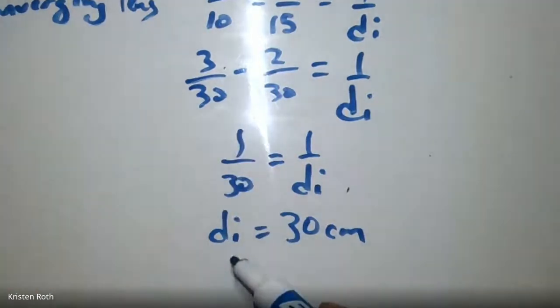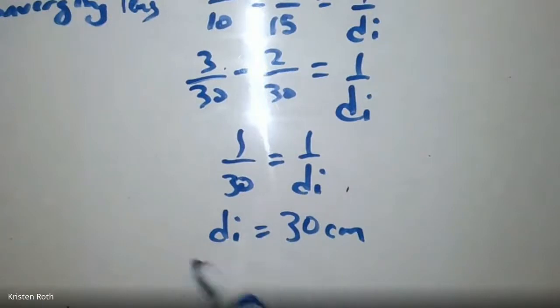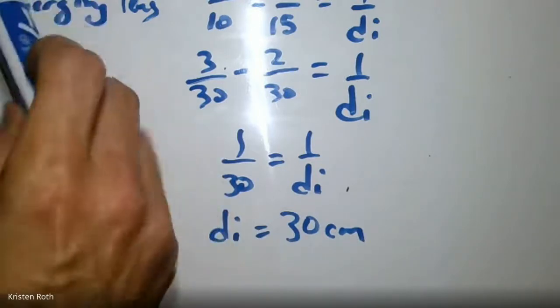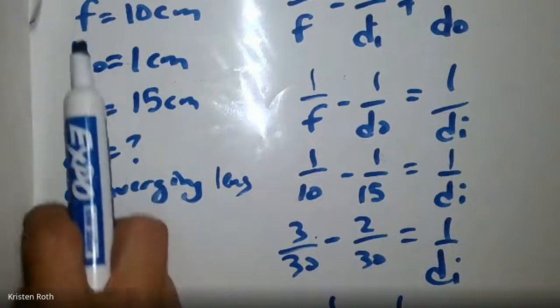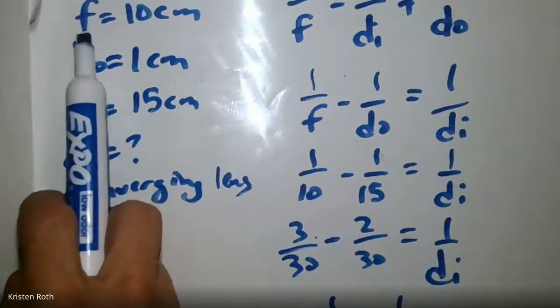Remember, di is negative for virtual images. Well, this is a real image, not because of our image, but because of our object distance. Look at this. Our object distance here is 15 centimeters. So we place an object behind the focal length, right?